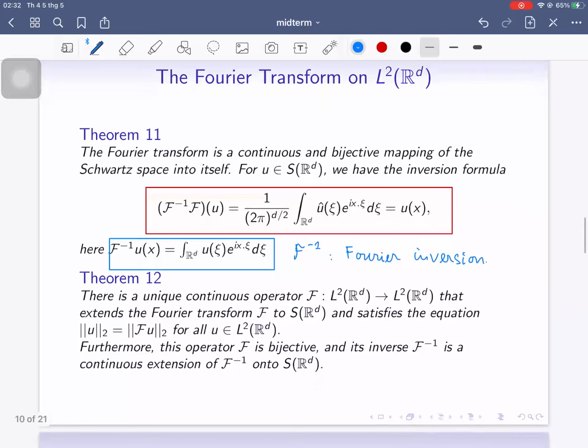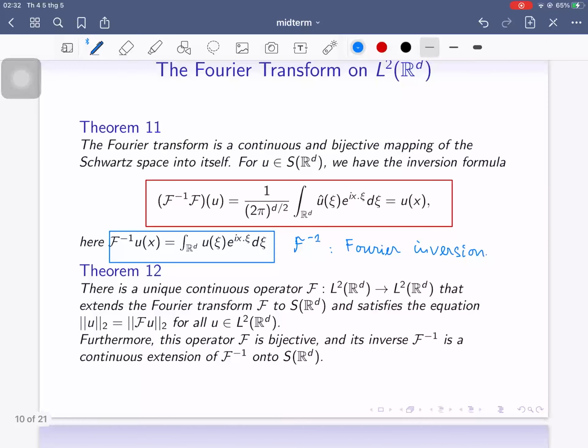And following this, we have theorem 12. It states that there is a unique continuous operator F from L2 to L2 that extends the Fourier transform F on S(R^d) and satisfies the equation that the norm of u equals the norm of Fu for all u belonging to L2.